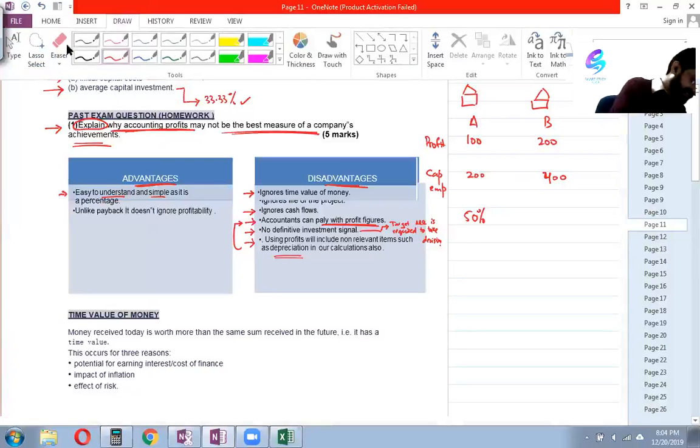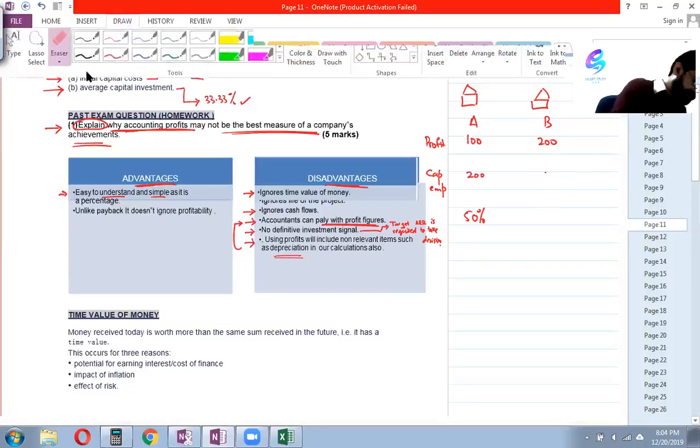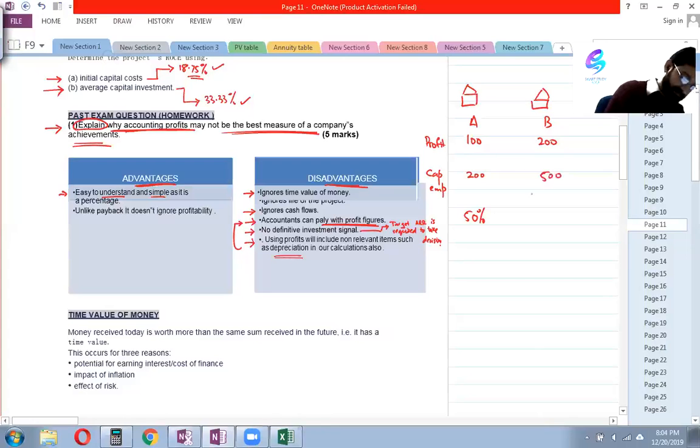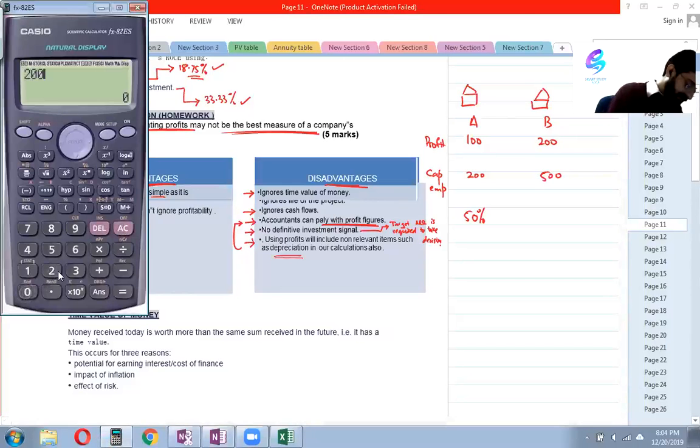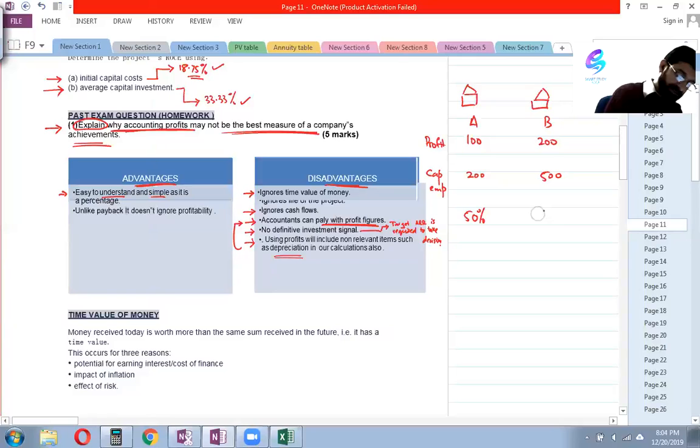Let me change it. Let me make it 500, right? So 200 divided by 500 will give you 40%. So it is considering two factors, the profits and the capital employed. So now you can easily compare the two projects. So it can be used for comparison. That's another advantage, right?